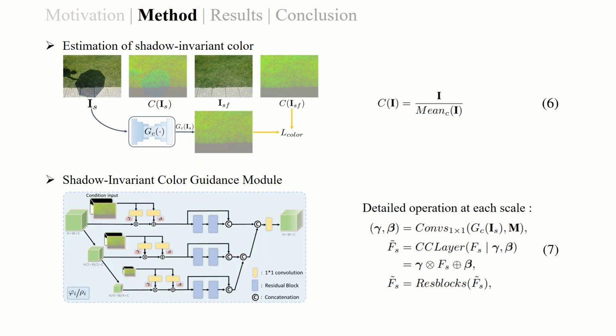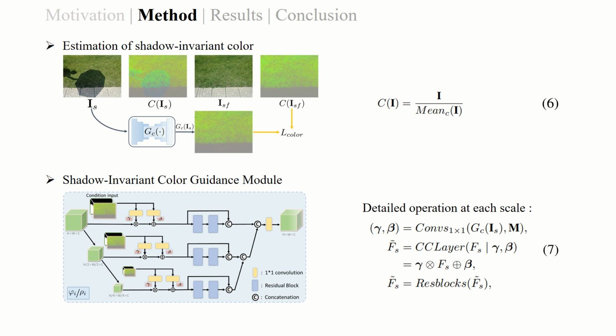Then, I would like to introduce the estimation of the shadow environment color and the shadow environment color guidance model. First, we adopt a subnetwork to estimate the shadow environment color with a corresponding loss function, and the color maps are defined as equation 6.